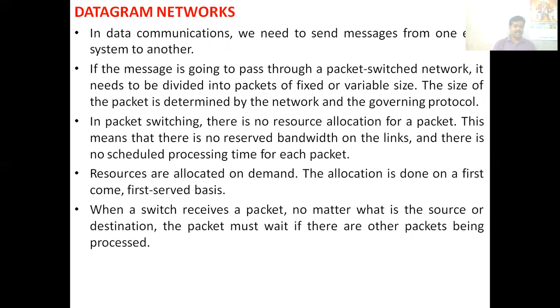Now when a switch is receiving a packet and is processing it, in the meanwhile if some other packet comes, it has to wait until the packet being processed is completed. Till then, the newly arrived packet has to wait, irrespective of the source and destination.